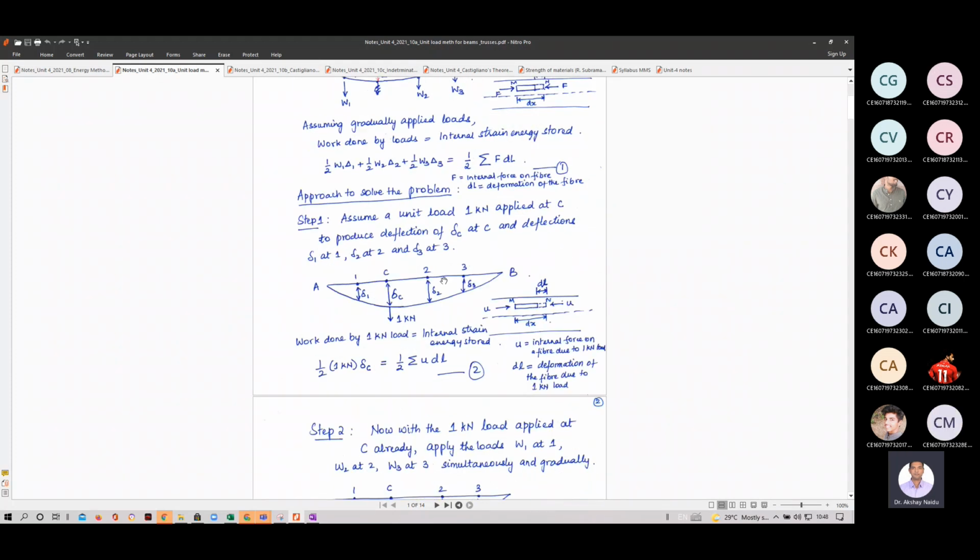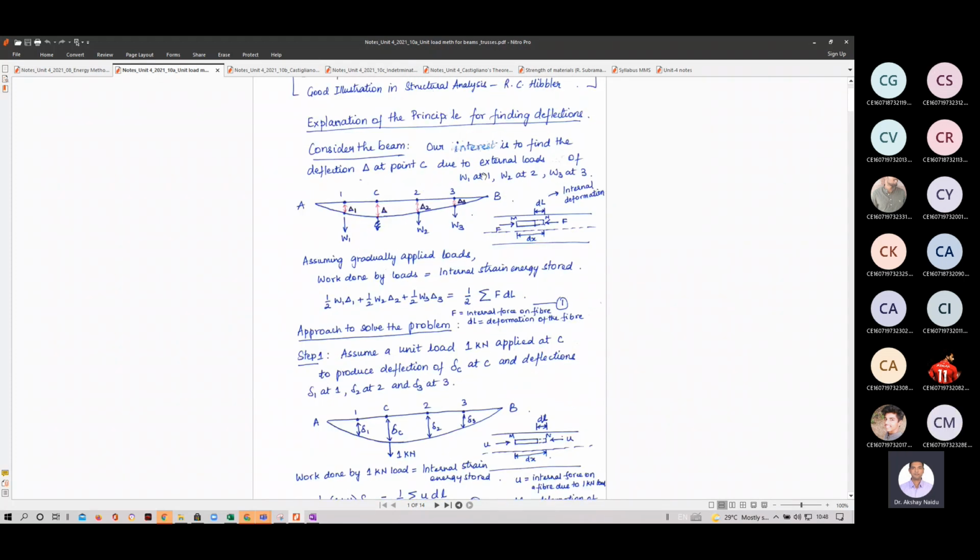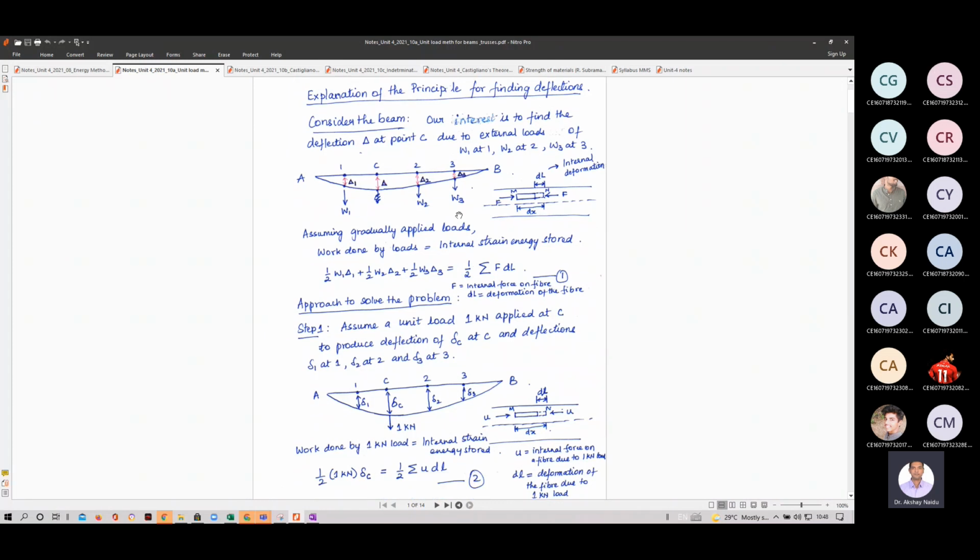Now this is the basic energy equation for the given problem.